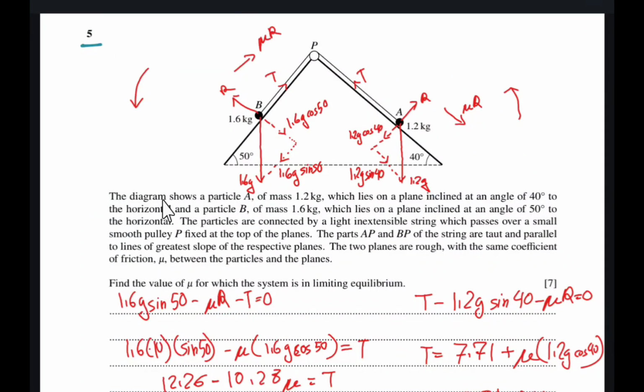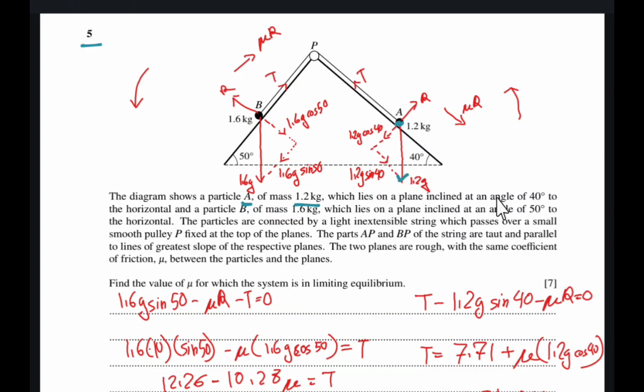Question number 5. The diagram shows a particle A. The particle A of mass 1.2 kg, that is its weight, is acting vertically downwards, so 1.2g, where g is the gravitational field strength.